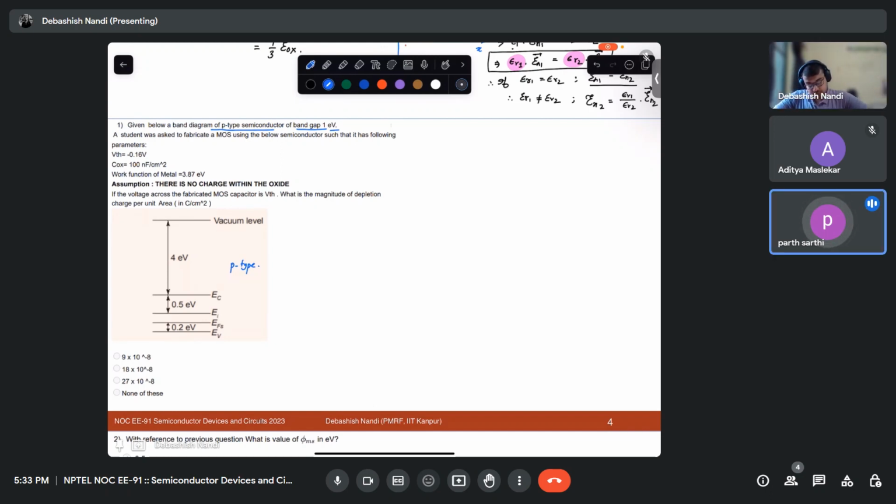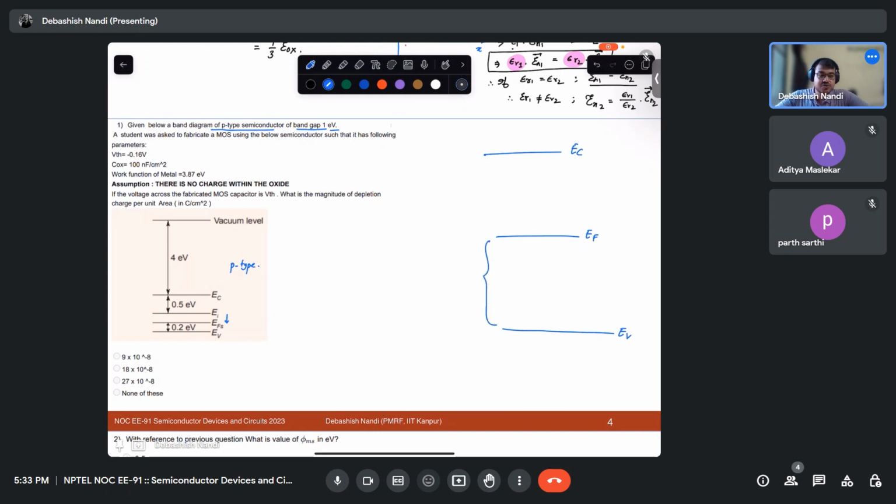EF is near to the EV. Or more profoundly, you can say that EF is below EI, okay? Suppose I am giving you this kind of band diagram, this is your EF and this is your EC, this is your EV. You may not know whether it is drawn to scale or not, okay?